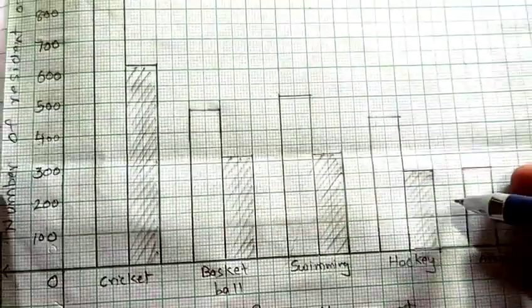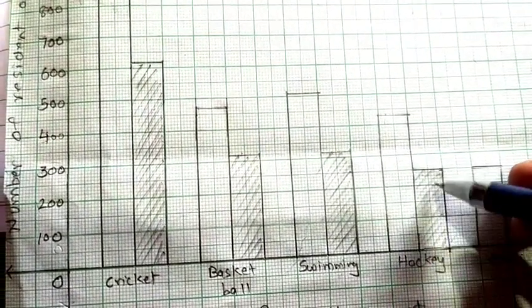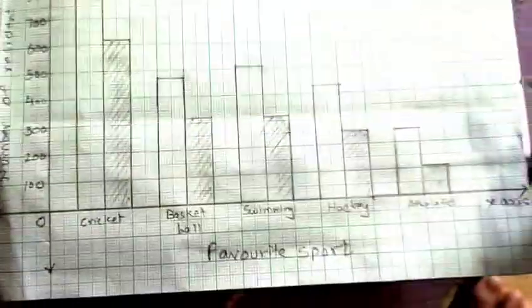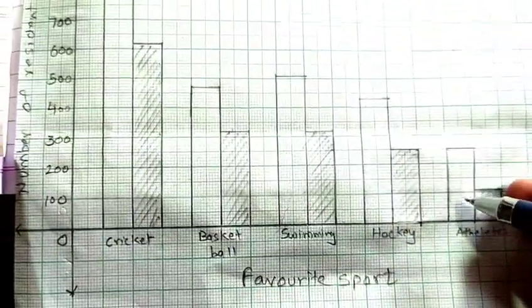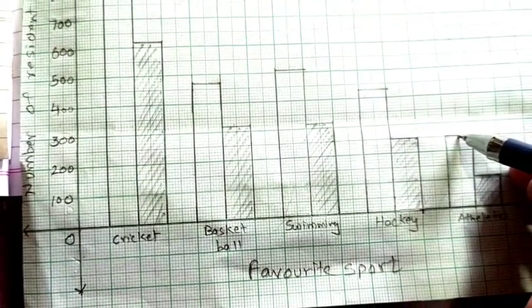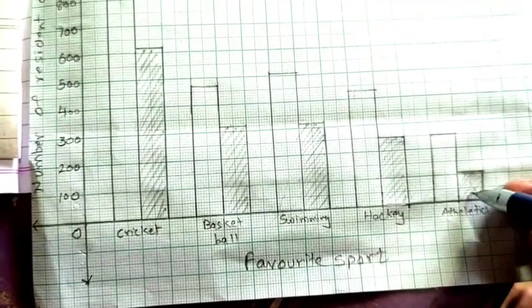Then 250 residents want to participate. 250 is exactly between 200 and 300. Then in athletics also 250 want to watch, so it is exactly between 200 and 300, and 105 want to participate.